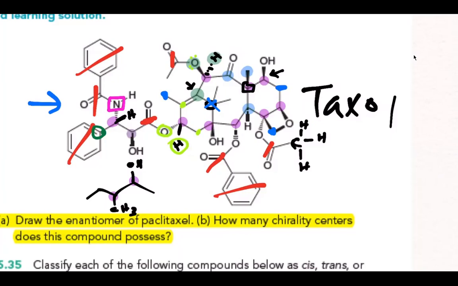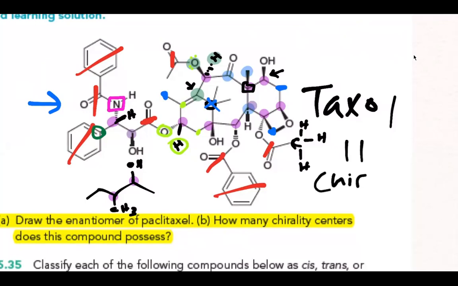That'll give us the number of chiral centers. So 1, 2, 6. Oh, this one should be in purple. And 11. I count 11. Is that right? Yes, it's 11. So Taxol has 11 chiral centers.